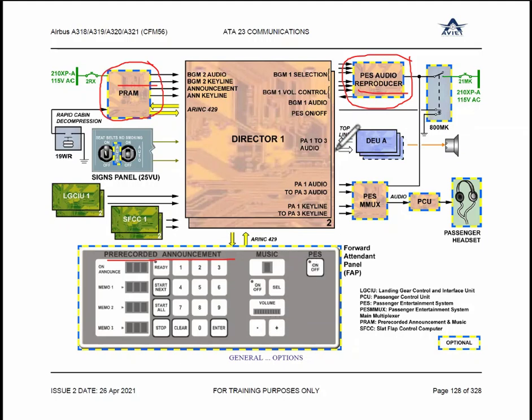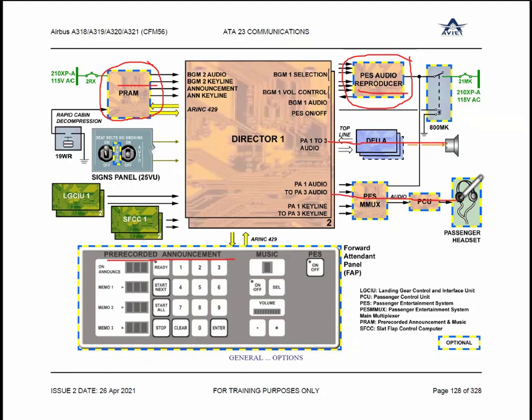Once it is played, it will be available through the loudspeaker, as well as to the seat with the help of the passenger headset if it is installed. If it is not installed, then only the cabin loudspeaker.